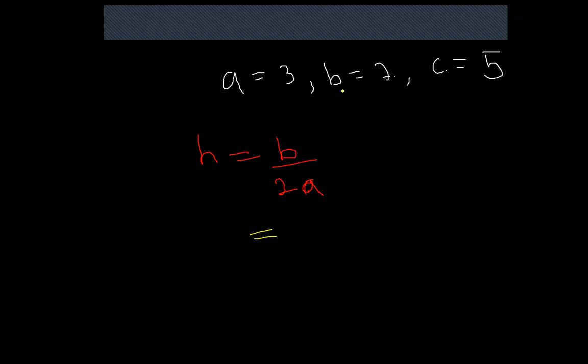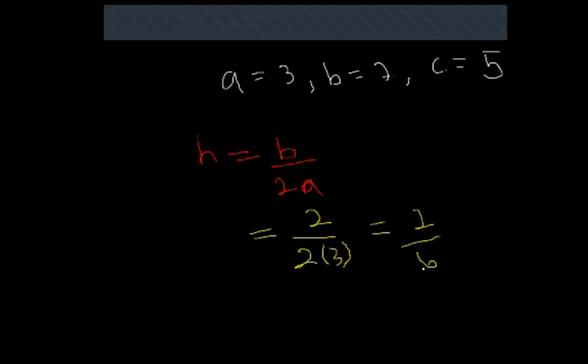I know from my first step that b is equal to 2, so I'll put 2 here, divided by 2 multiplied by a, and we said that a is 3. So this is what I would write, and you just simplify. So this is 2 on 6, but of course I can reduce this fraction to 1 on 3. And this would be my value of h.